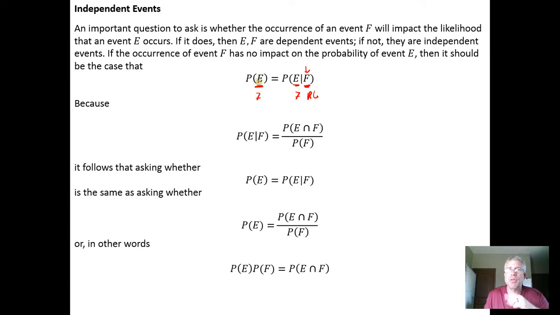In other words, the probability of E should be the same as the probability of E given F, if F has no impact on whether E is going to occur or not.